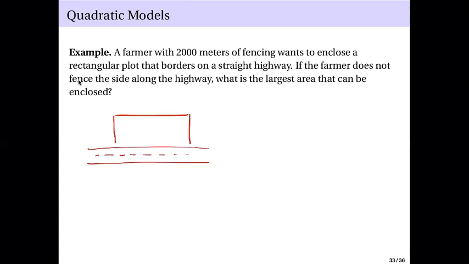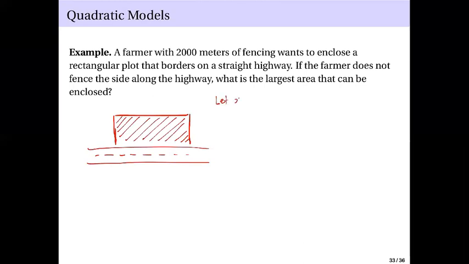So if the farmer does not fence the side along the highway, suppose this is the rectangular plot. The question is, what is the largest area that can be enclosed? Let's introduce our variables.